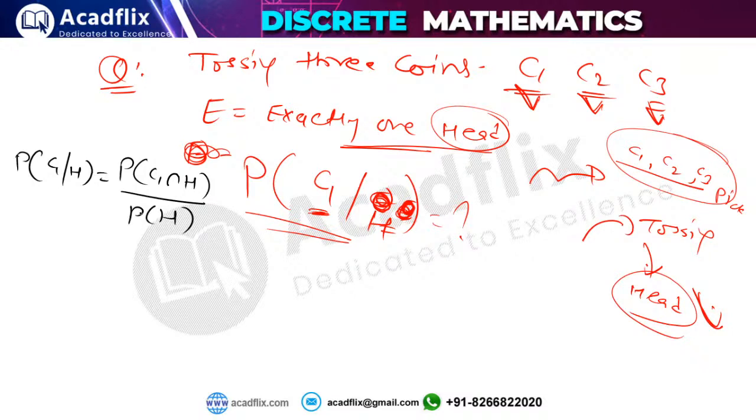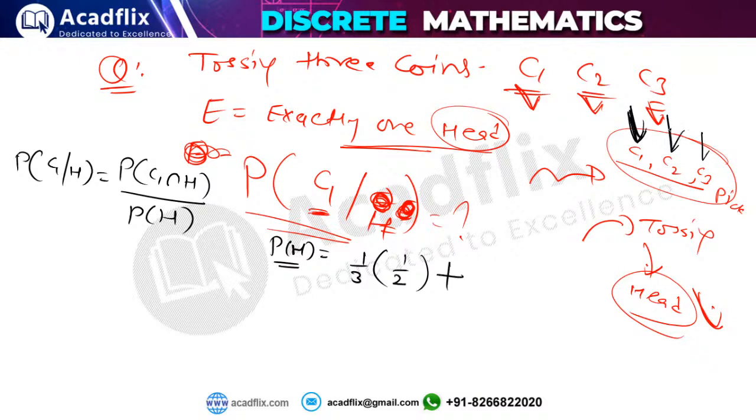First, let's find probability of H. Basically we want to find the probability of getting a head. Either you can pick this, or this, or this. What is the probability of picking this? This is 1 by 3. What is the probability of picking this? This is 1 by 3. Now once you have picked it, you can get a head.